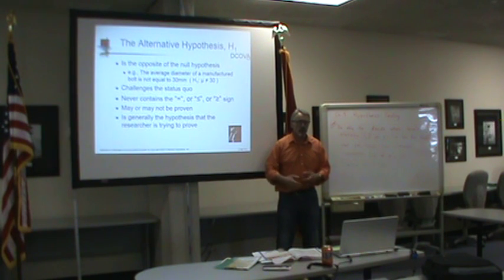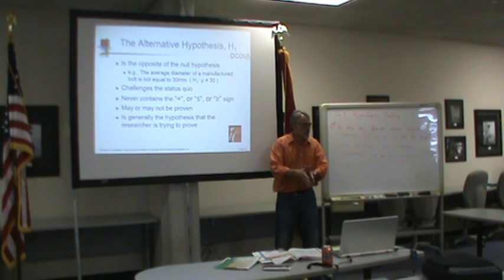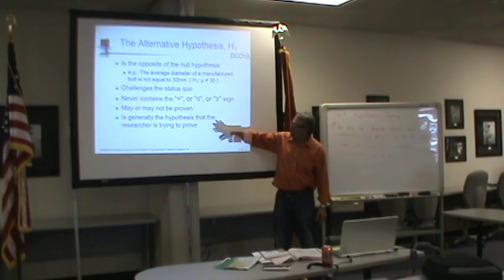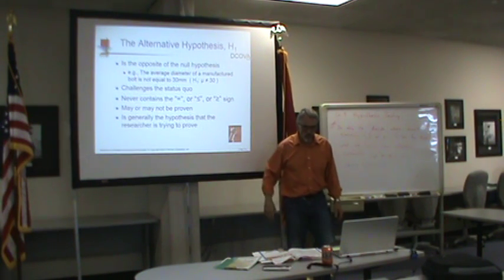It's just the negative of what you just stated. So conceptually it's not hard. We're going to ask a question about our process, and the null hypothesis is what we think it is now, and the alternative is the opposite of that. And you may or may not prove that, and it's generally what you're trying to come up with.